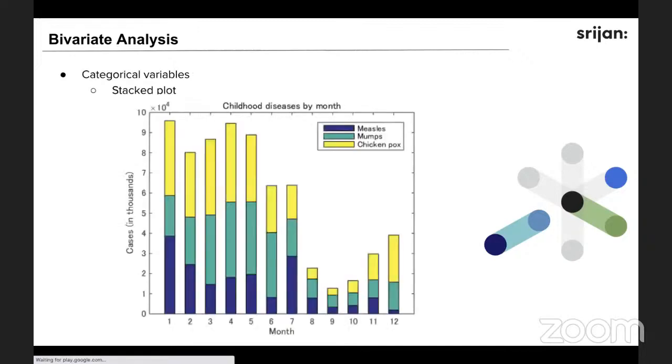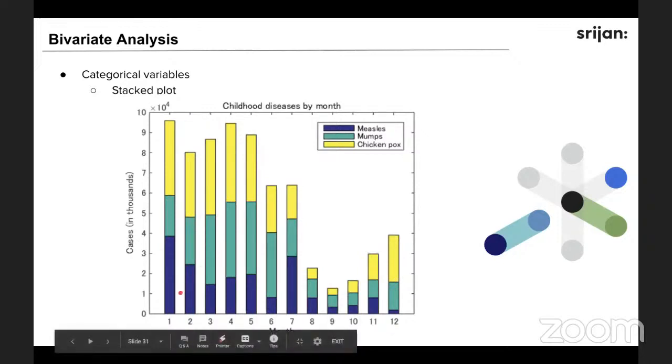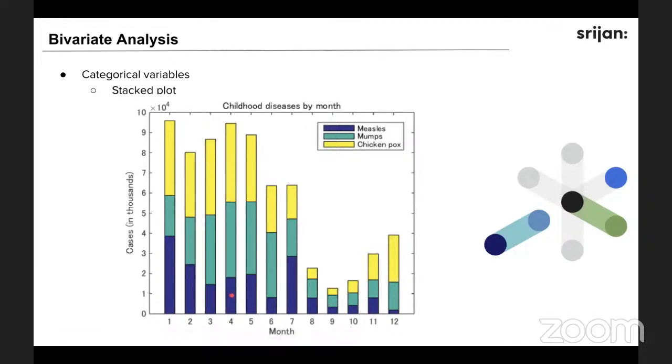For categorical variables, we have a stacked plot. A stacked plot is basically where you have these bar plots, so this is a stacked bar plot. There are other versions of the stack plot as well, which you will find over the internet. But this is basically the bar plot version of the stack plot. Here we have bars and three different categories: measles, mumps, and chickenpox, three different diseases.